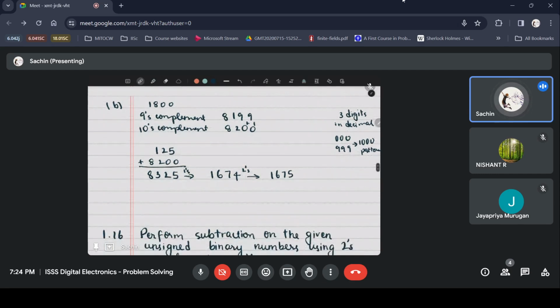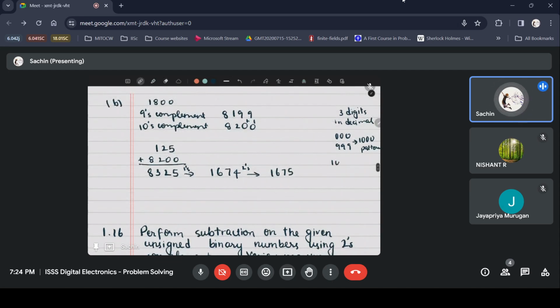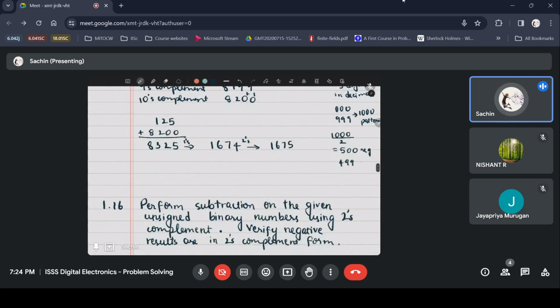If it's unsigned, these 1000 numbers will go from 000 to 999 directly. So the maximum value you can count is 999. If it's a signed number, you'll have half of this: 500 will be negative numbers, 499 will be positive numbers, and 1 will be used for 0 itself.